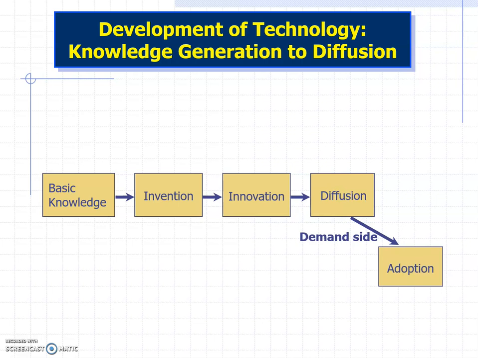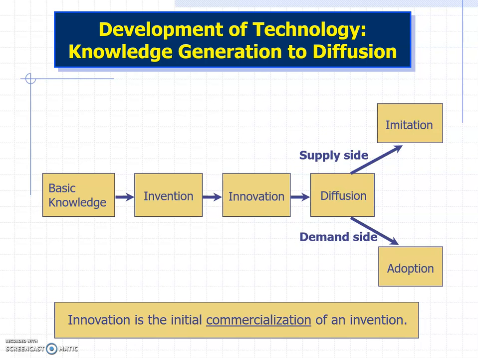And you get the early adopters, the late adopters, the laggards. On the supply side, the innovation diffuses through competitors imitating each other. So you'll have the initial, first innovation, the first mover, and then you'll ultimately get copiers and imitators. So innovation is the initial commercialization of an invention, that is, bringing it to market.